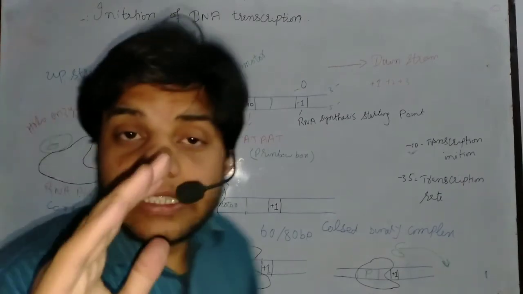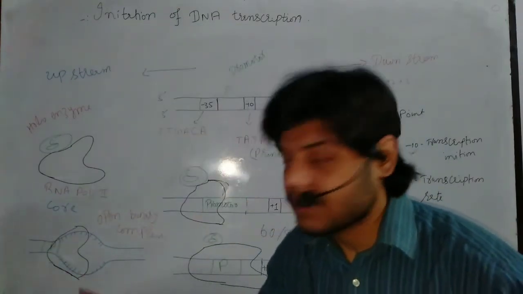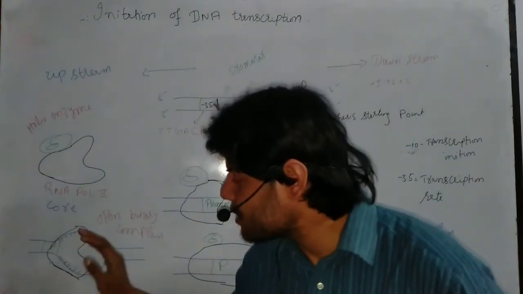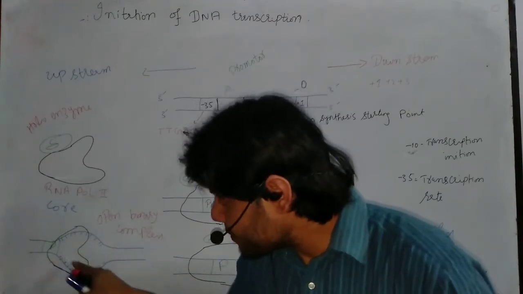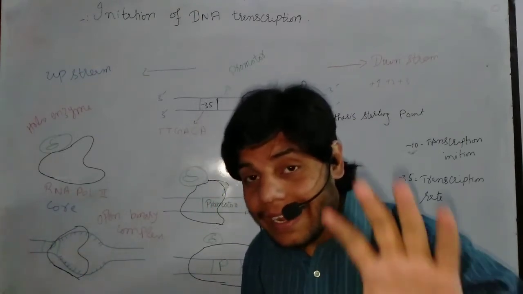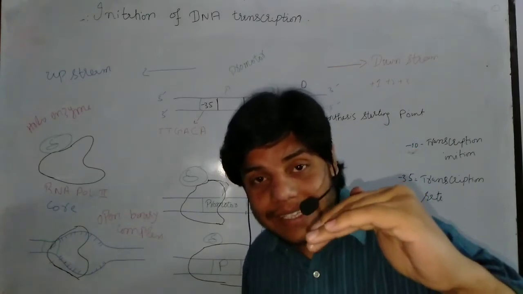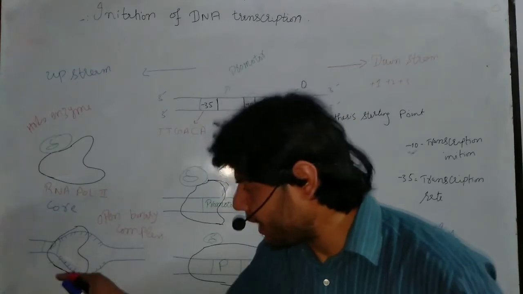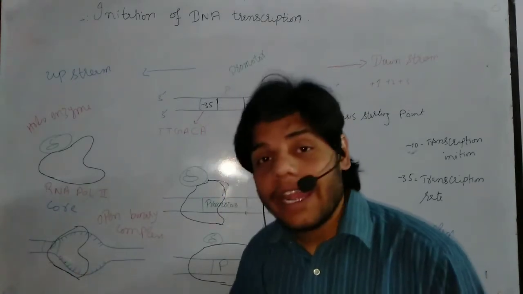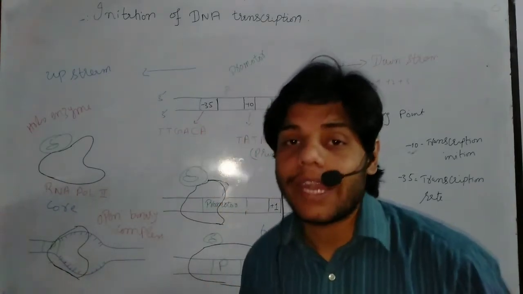After that, the RNA synthesis will be started. Some ribonucleotide sequences will be added at that specific position. And when the RNA synthesis is started, few nucleotides, 4 to 6 nucleotides, are added here. Then it makes another complex which we call a ternary complex.